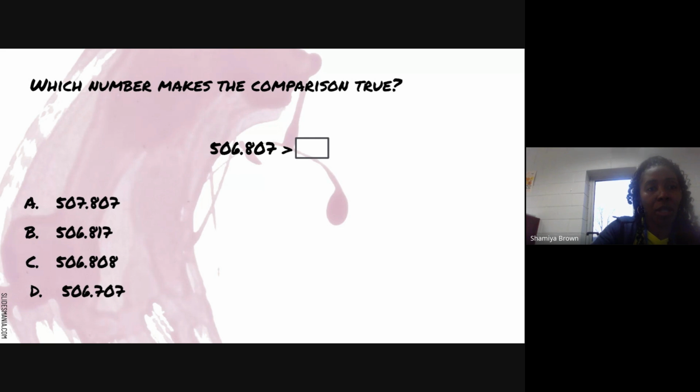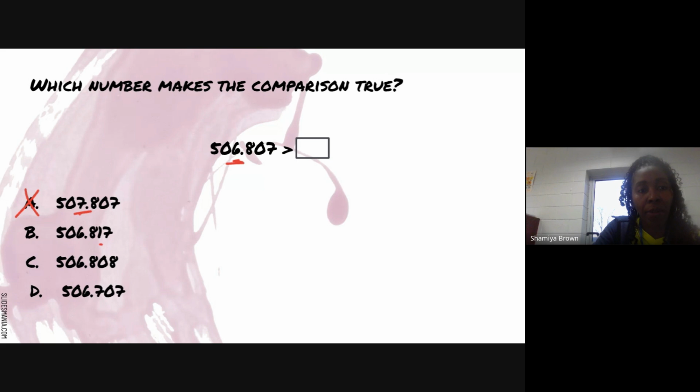Let me go back to red. I have 507 here and I have 506 here. So I know that this number is bigger, so I know that can't be it. This number has 506, so this could possibly be it.